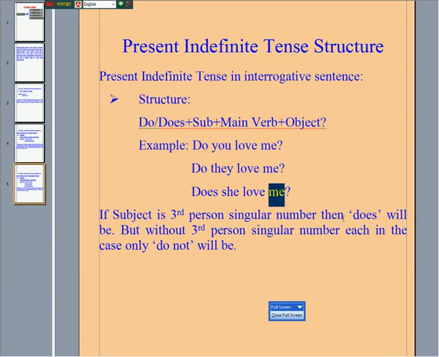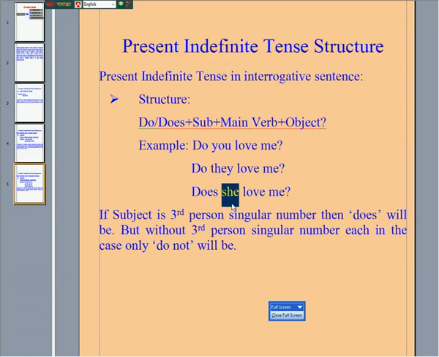If the subject is third person singular number, then does will be added, but without third person singular number, only do will be used. She is third person singular number, so does is added before the subject.